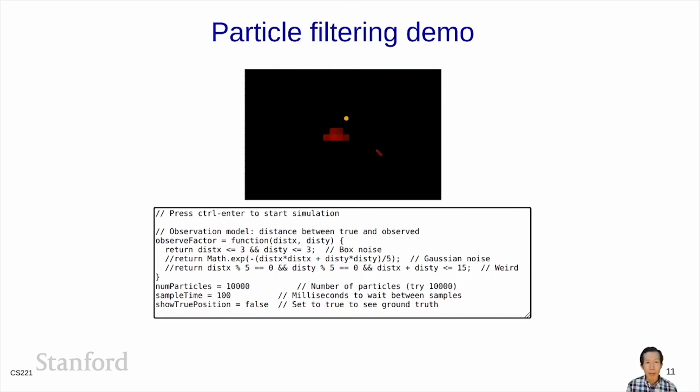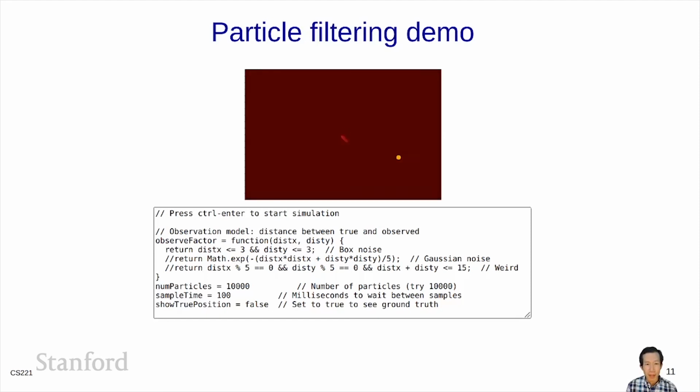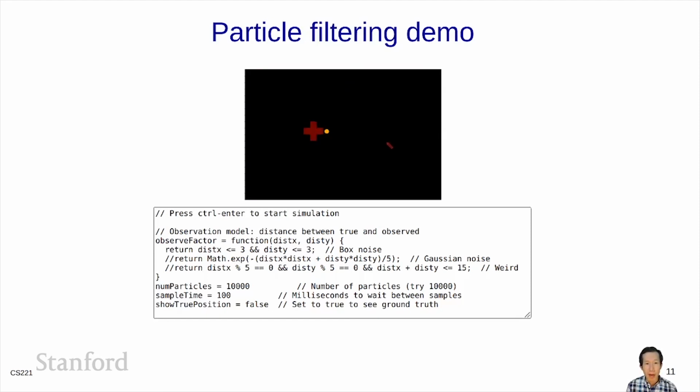And now what we're going to see is a red blob. This represents where the particles are, with the intensity representing the number of particles at that particular location. So this is our best guess of where the object is.